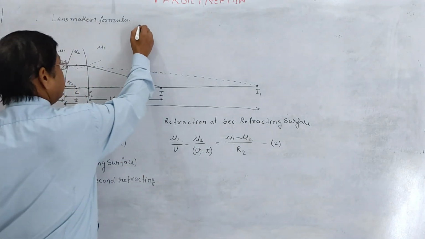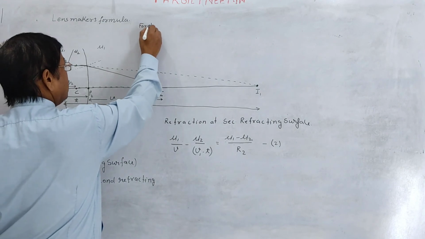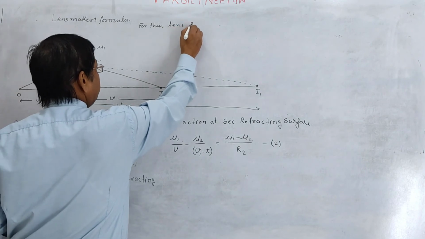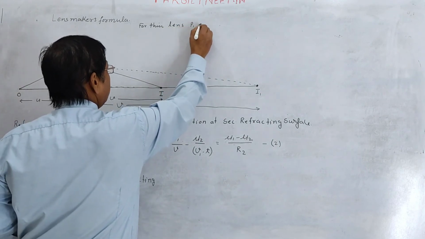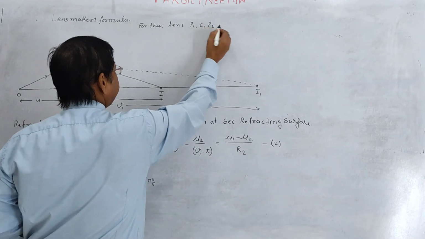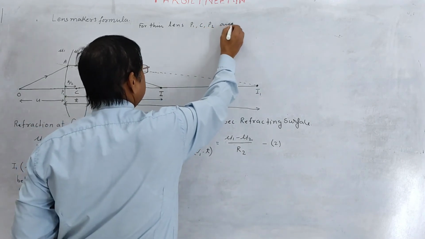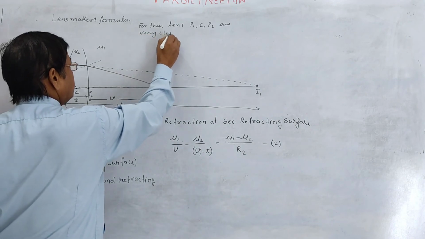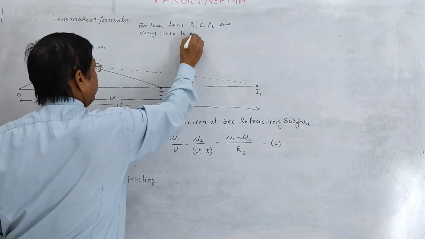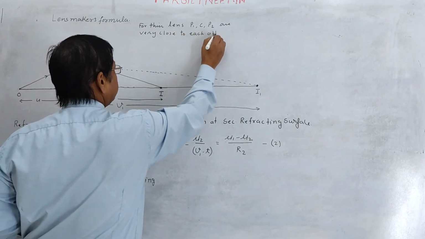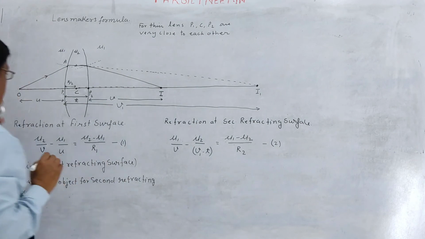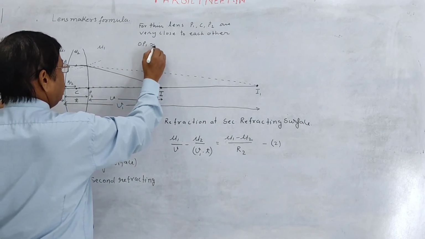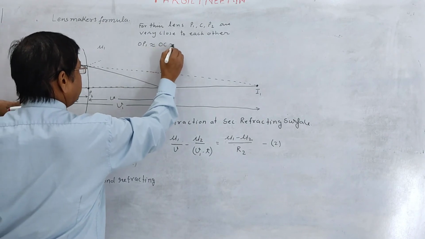For a thin lens, P1, C, P2 are very close to each other, and so we can write OP1 approximately equal to OC, and that is U.